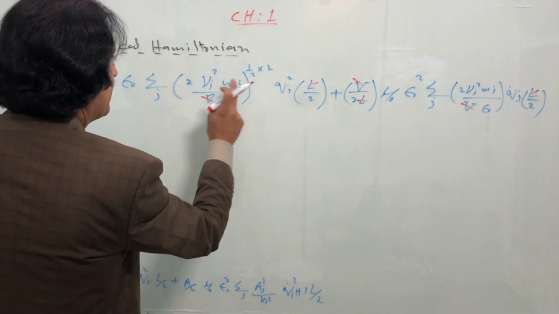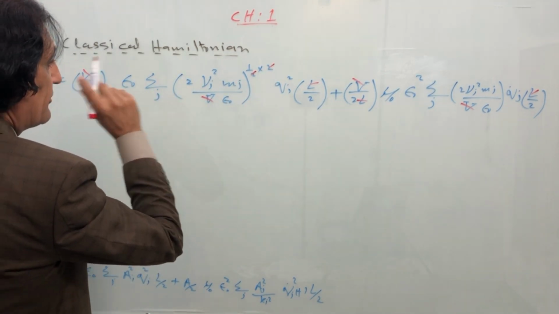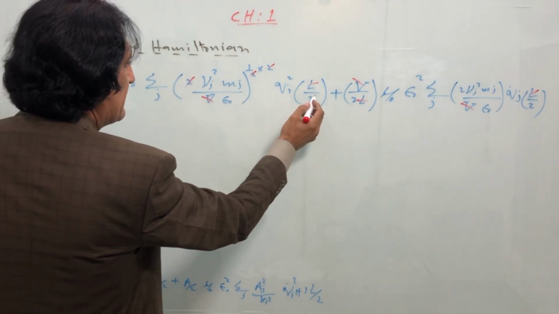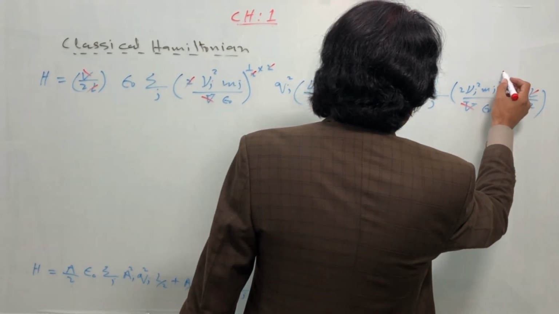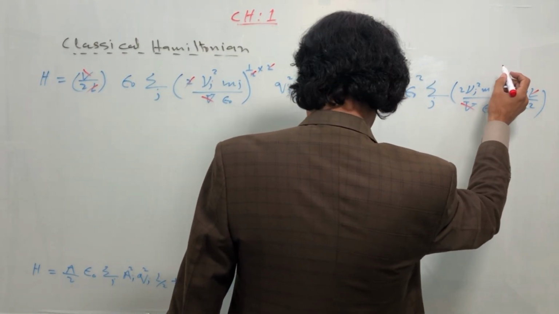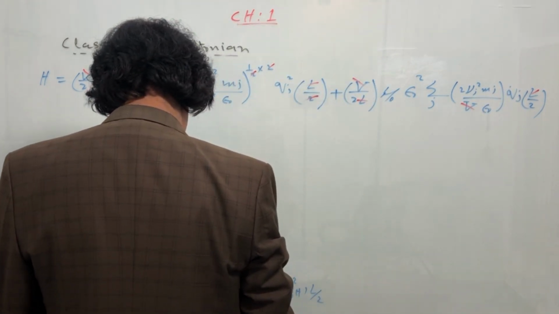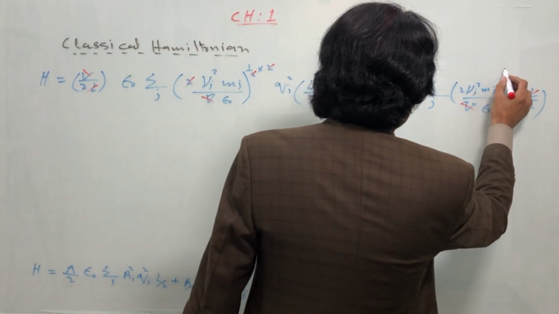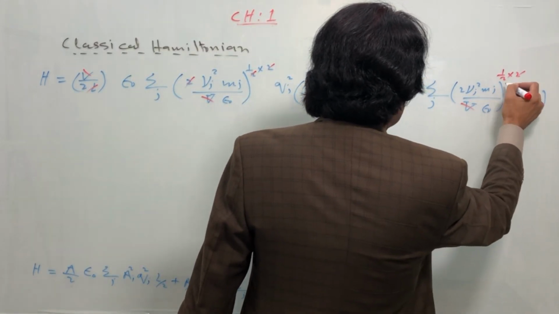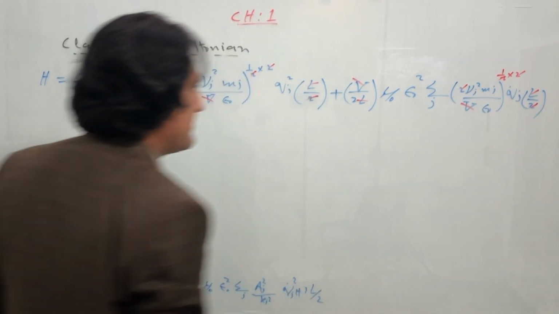So you have this 2 and this 2, and here also we have 1 over 2. Yes, we have 1 over 2 and 2, so this can be cancelled out, and this 2 and this 2 can also be cancelled out.